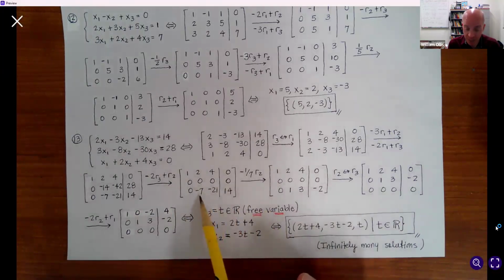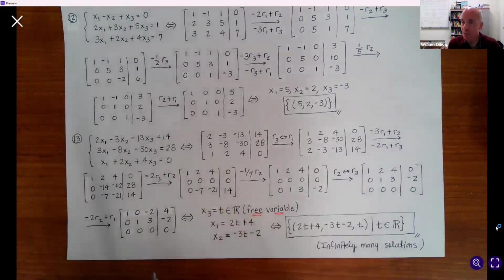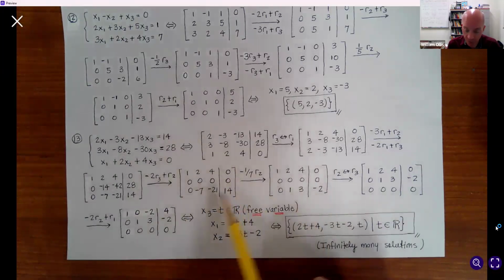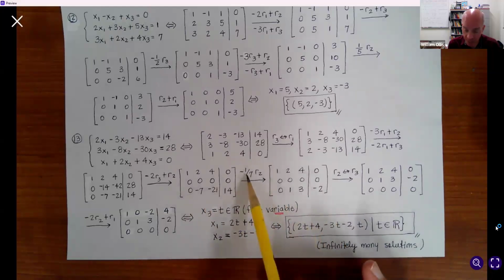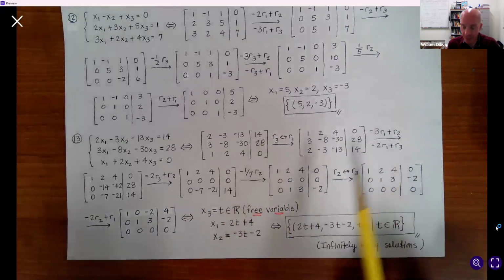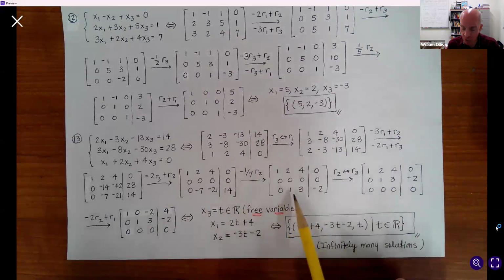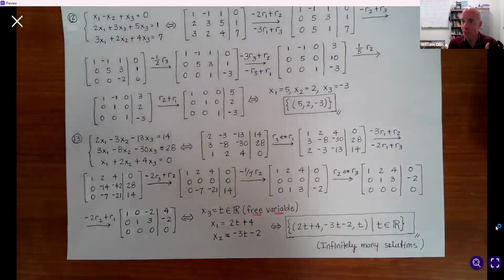That is, we can just multiply by a negative 1/7 because each of these are actually what? Multiples of 7. So when you divide by -7 or multiply by -1/7, you get a row of 1, 3, and -2. Of course, the negative here with the 14 gives us the -2. And then we can go ahead and switch row 3 and row 2 and put the row of all zeros at the bottom of the matrix.